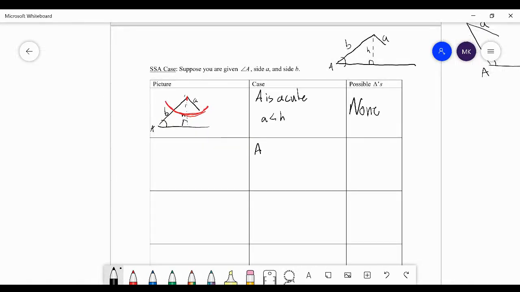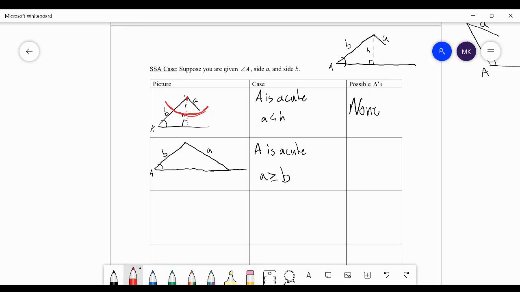The next case is that A is acute and A is greater than or equal to B. In this case, what we have is A, B, and some side A, again greater than or equal.